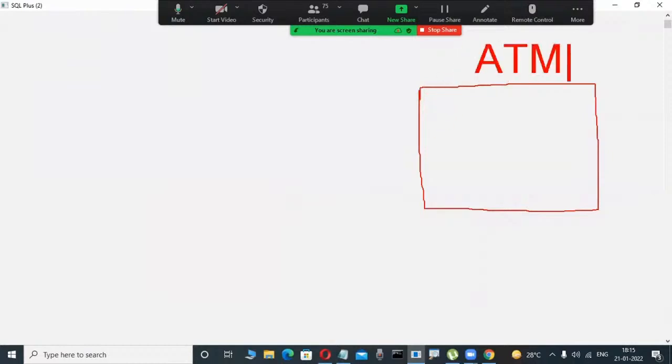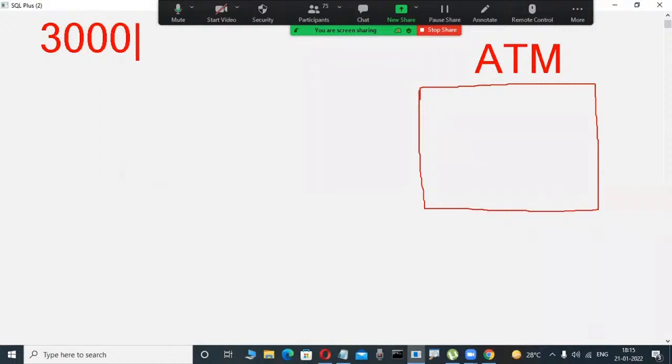Now check out the scenario. Slowly observe here. This is an ATM machine, for example. One scenario I'm telling is enough. Now, what is my balance in my account? 3,000 is the balance.